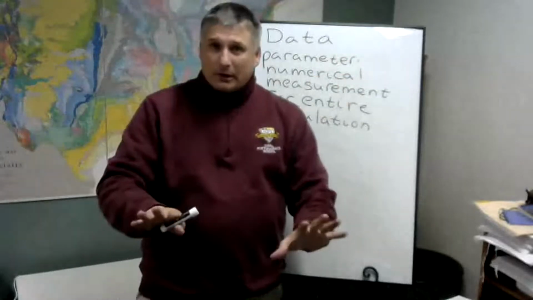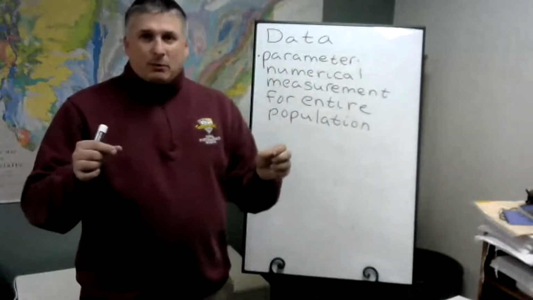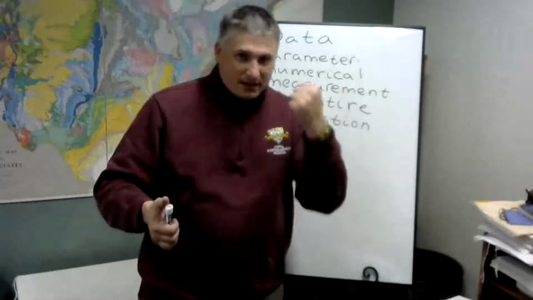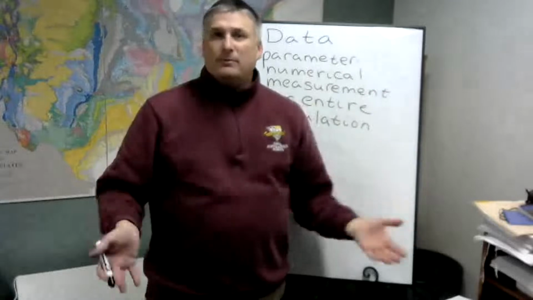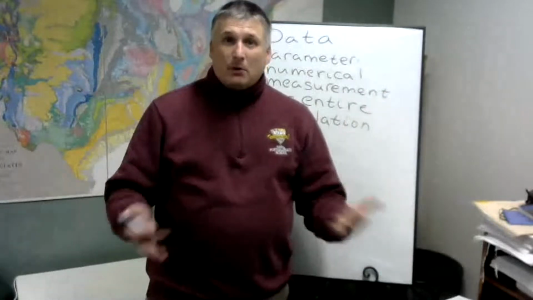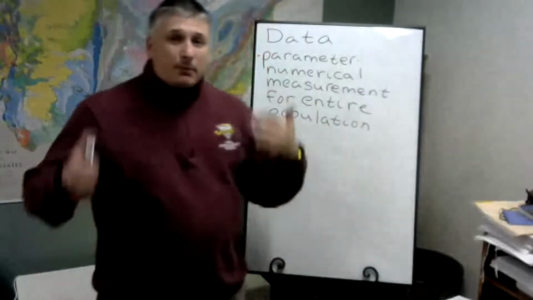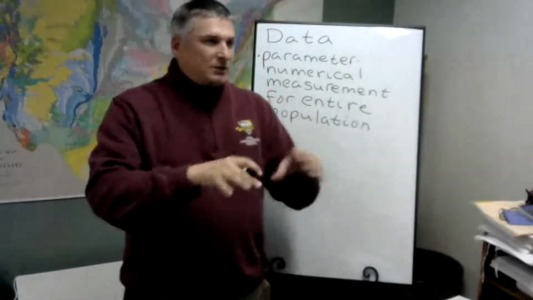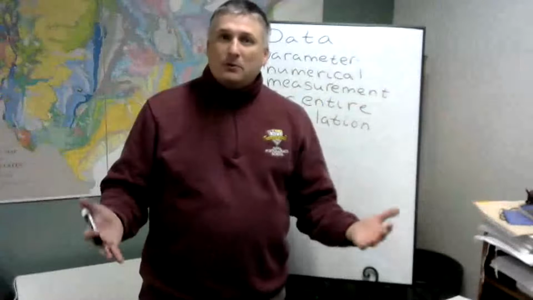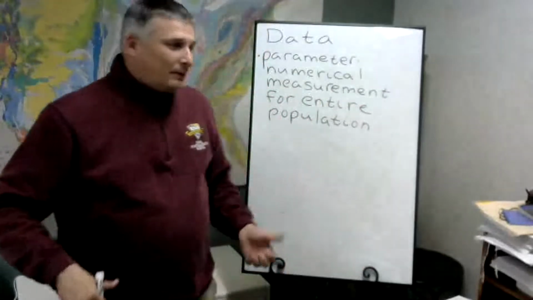And all these Apple Watches record our pulse rate at a given moment and then send the data to a supercomputer, and that supercomputer computes the average pulse rate. That would be a parameter. It is a numerical measurement, a calculation using data from every single member of the population.